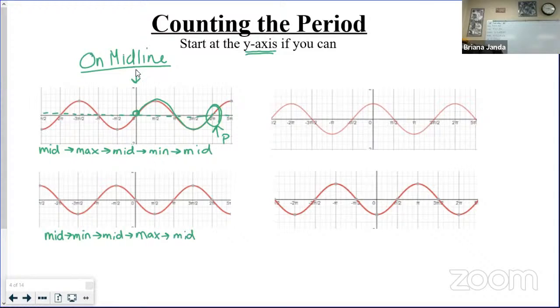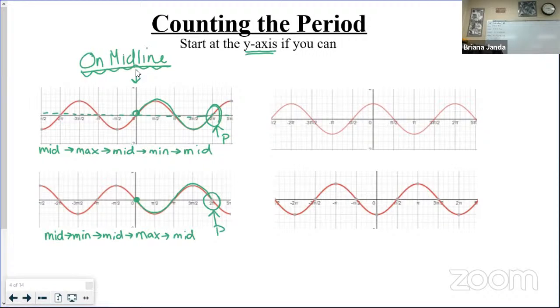When I've completed that, I've completed one sine curve. Again, this is if it is starting at the midline at my y-axis. That's what it takes to finish a sine curve: you must hit both a max and a min. And when I've done that, that tells me what the period is, in this case, 2 pi.